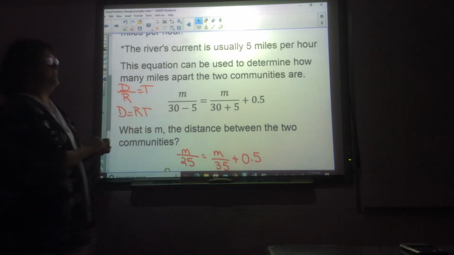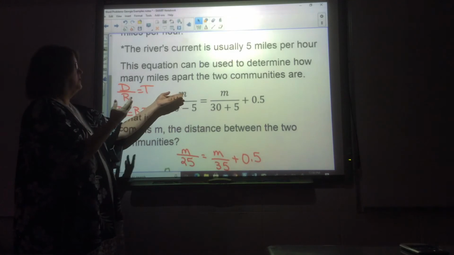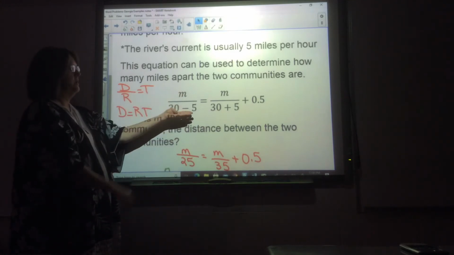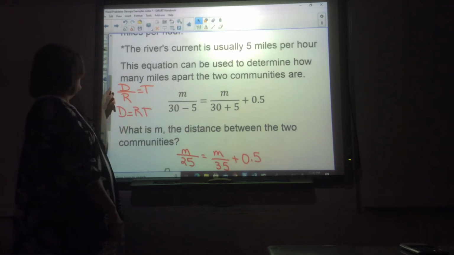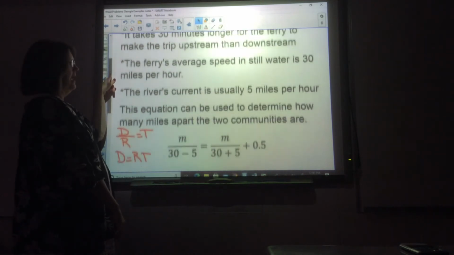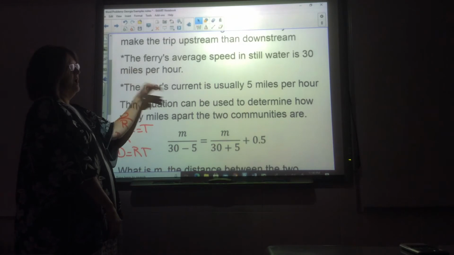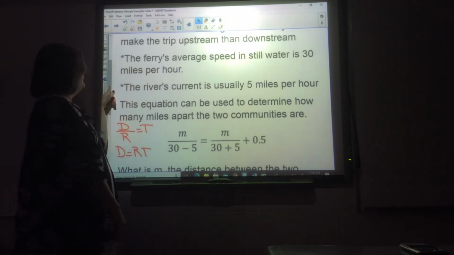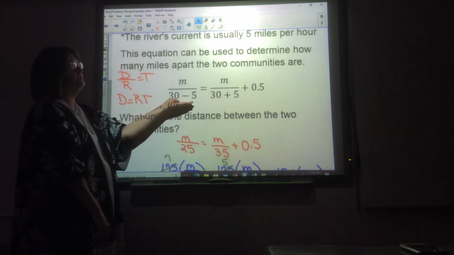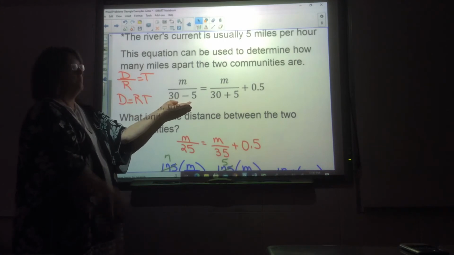So we set it up as distance for going upstream. So 30 minus 5. If it's 30 miles per hour that the ferry can do in still water and the current is 5 miles per hour, you're going to have to subtract the current to get the speed of the ferry boat going up.